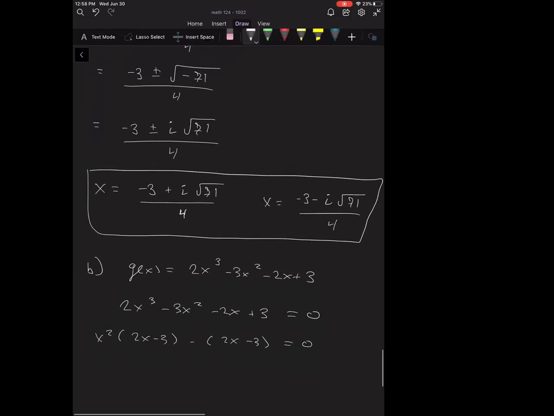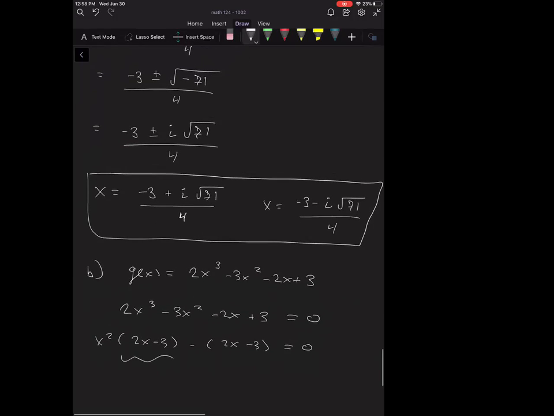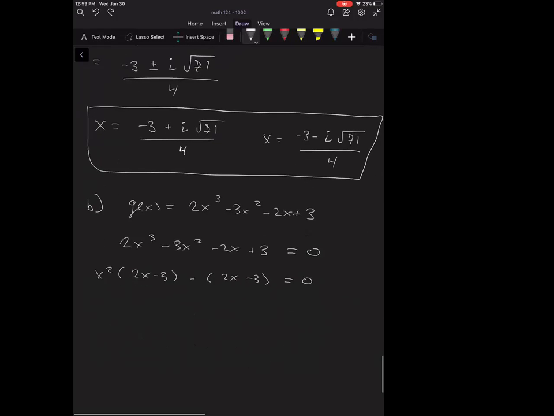So now we can factor out this 2x minus 3. Both those terms have 2x minus 3. We can factor that out, and then we are left with x squared minus 1. And we can continue factoring. 2x minus 3, and x squared minus 1 turns into x plus 1, x minus 1.